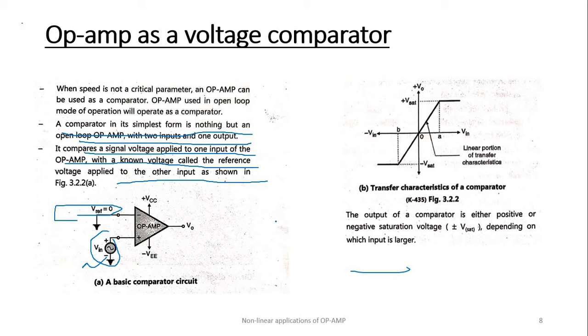which input is larger. This figure shows the voltage transfer characteristic, the transfer characteristic of this comparator. Note that this voltage transfer characteristic is not as sharp as the VTC of the ideal comparator.